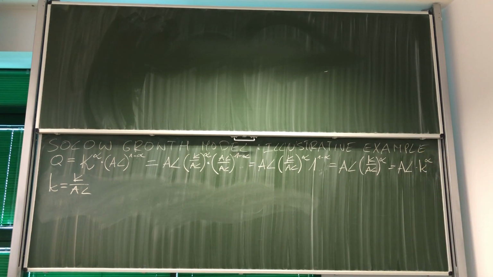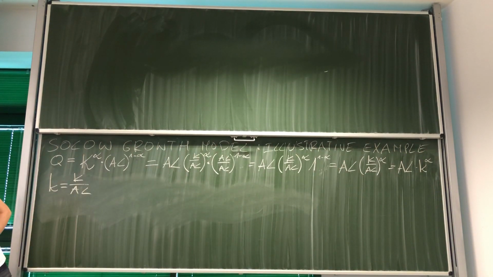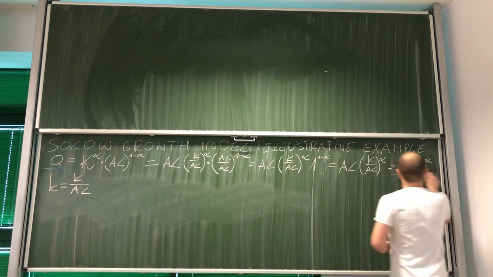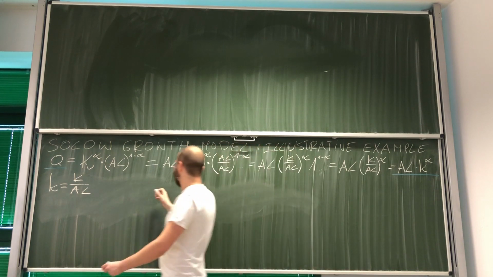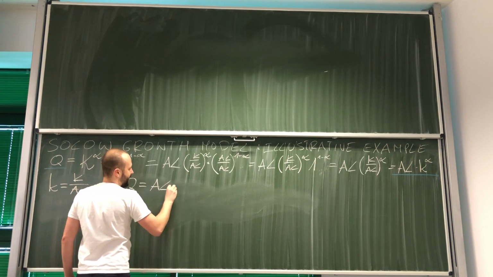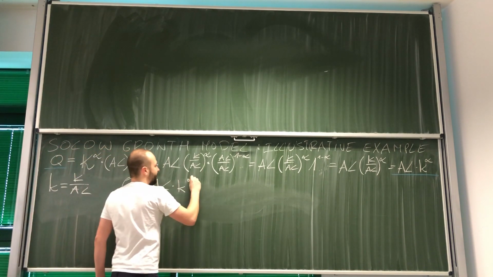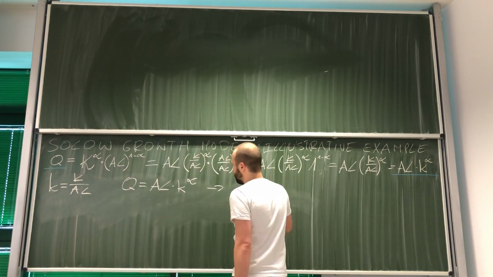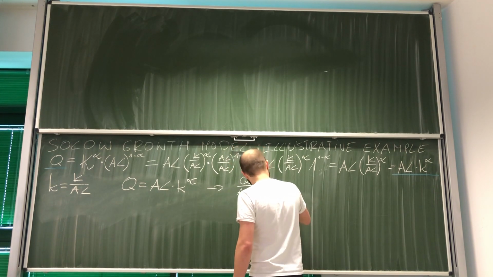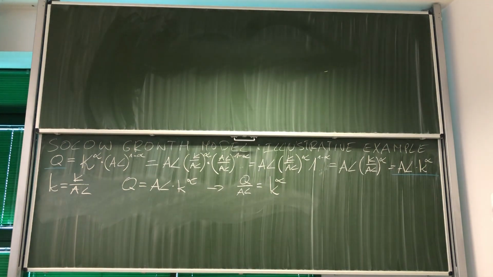Looking at the two expressions at the very ends, the level of production Q is given by A, L, times k to the power of alpha. From this, production per effective worker is given by k to the power of alpha.